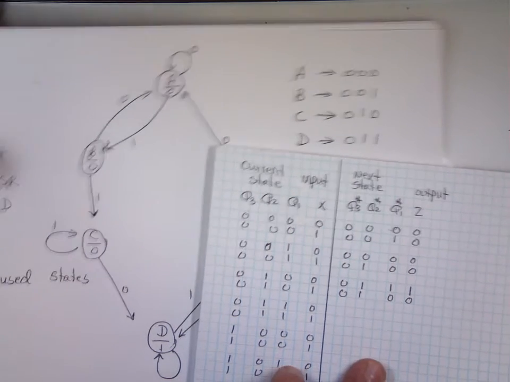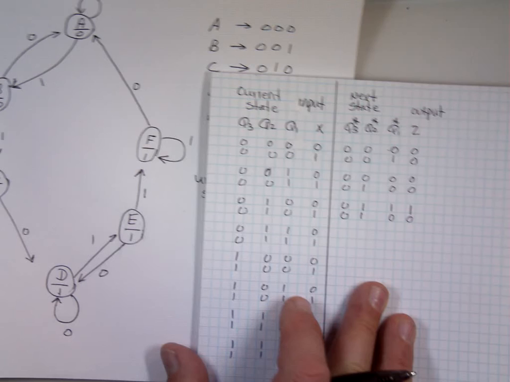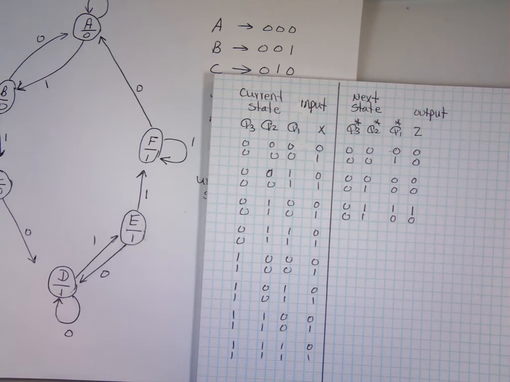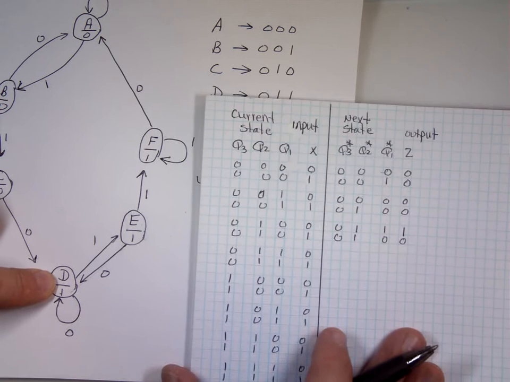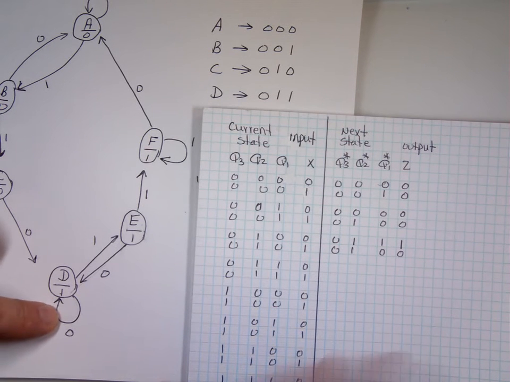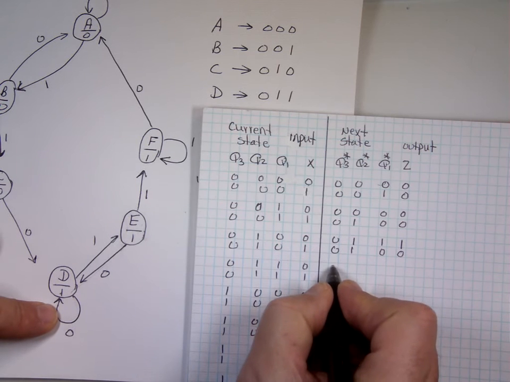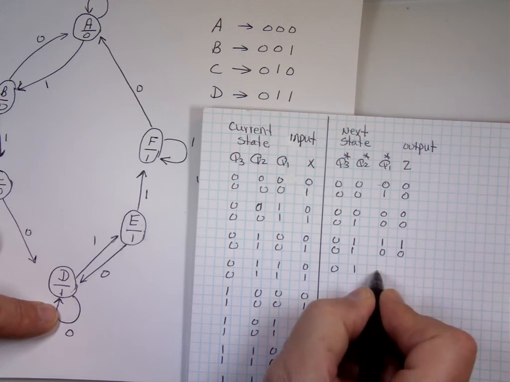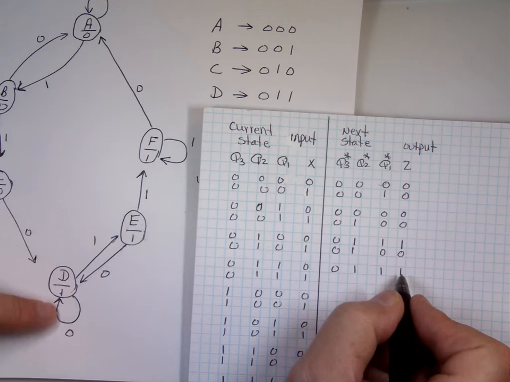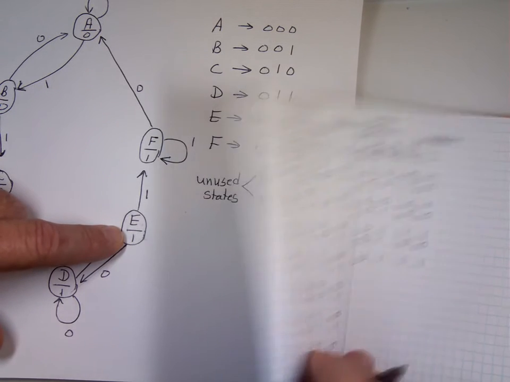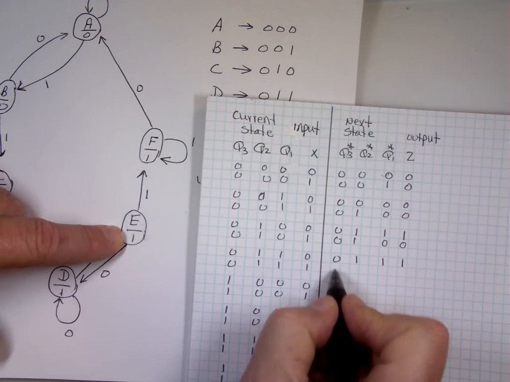Now I'm at D. Can you still see D on the screen? Yep. Here is D, state 0, 1, 1. If my input is 0, I stay there and I get an output. But if it's 1, I go to E. E is what? 1, 0, 0.